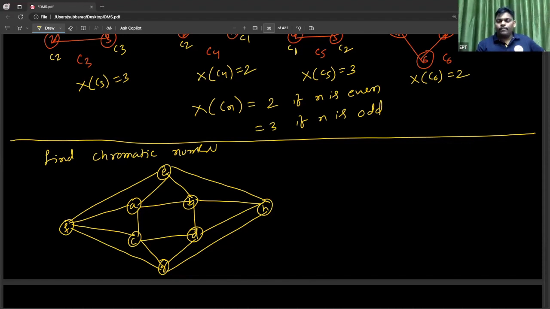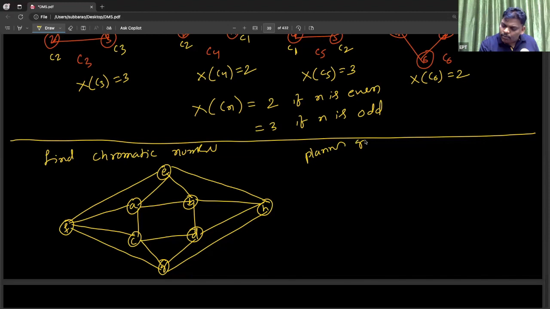Say properly. Is it a planar graph? First question. Anywhere edge crossing? No. No edge crossing. So it is a planar graph.